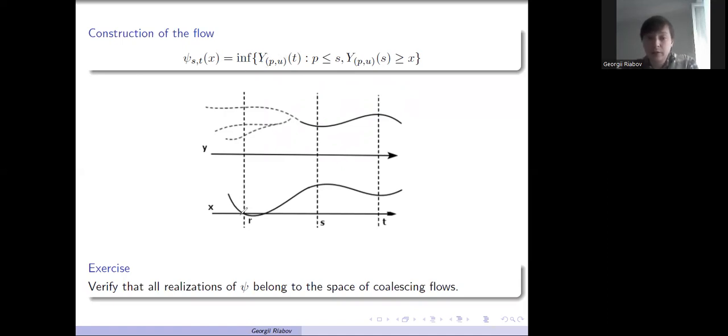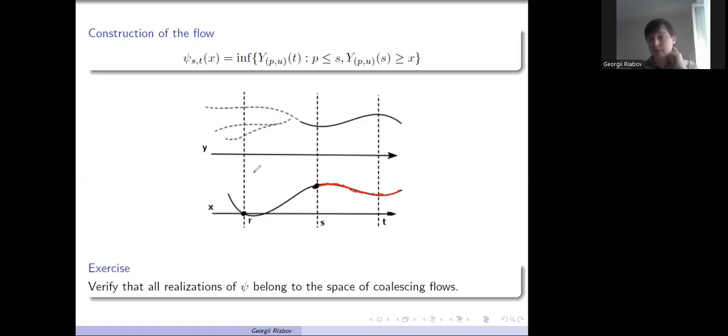If the point x is already the value of y, then the infimum will also be equal to this trajectory y. If x is not on any of the processes y, then we take the limit from above.